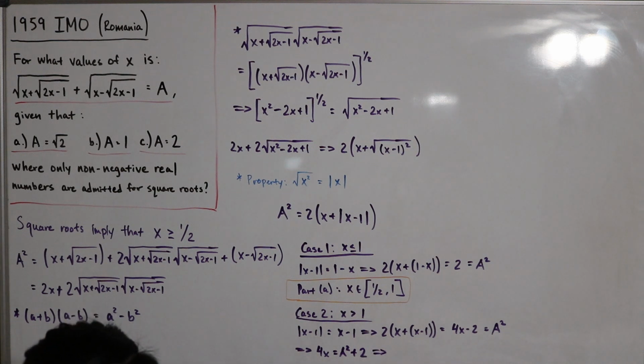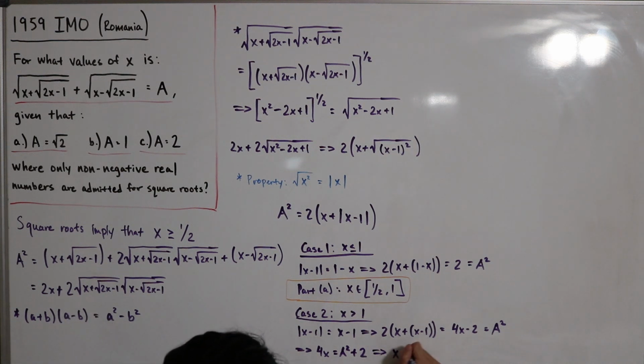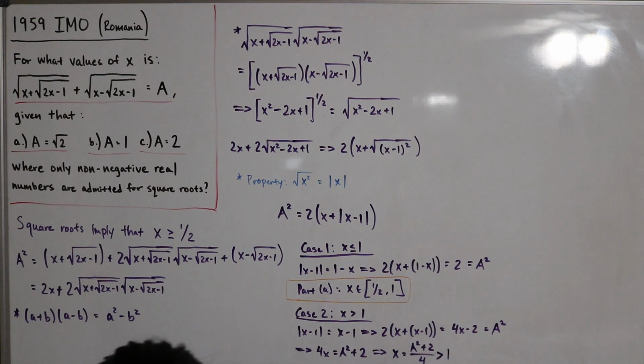And keep going further. If we want to solve for x, you'll get that x is equal to, and I'm just skipping the steps from here, a squared plus 2 divided by 4. But as you can see, we say that x is strictly greater than 1, so we can use that inequality over here.